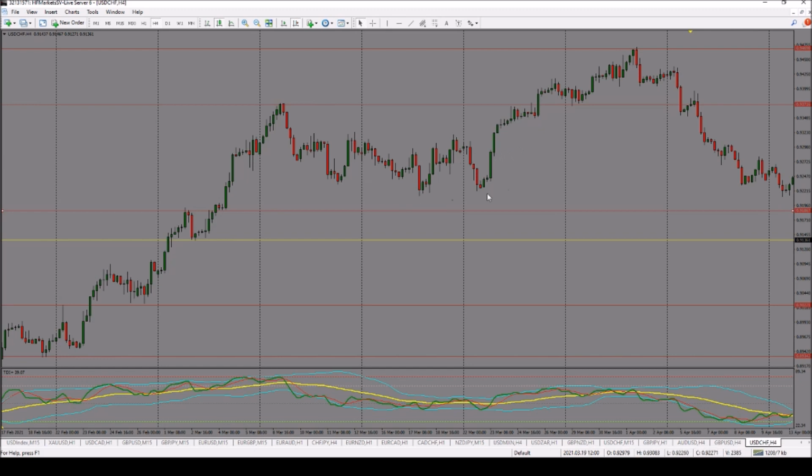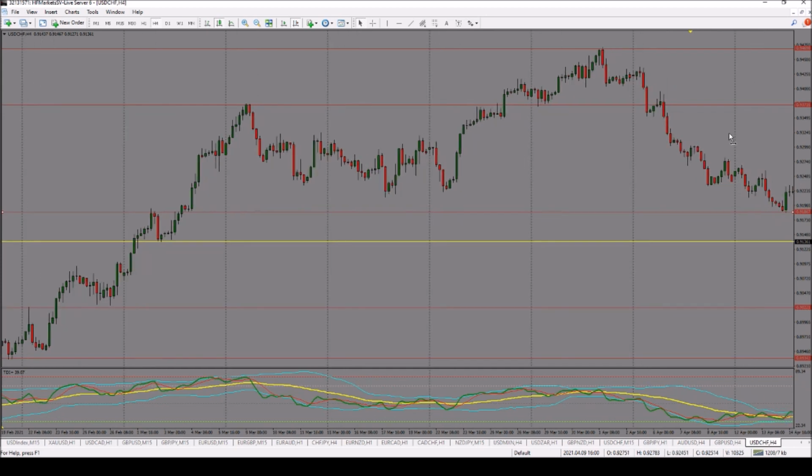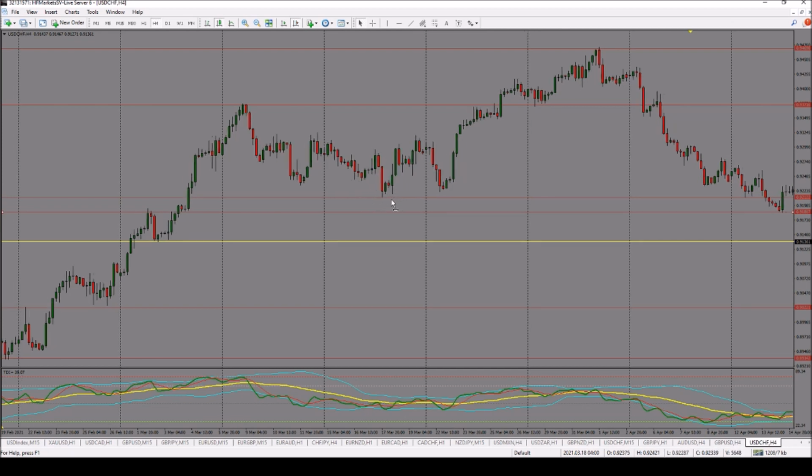So we are waiting for this low to be broken in order for us to deem the new market structure bearish, right? As you can see, we broke this structure. The lower high of the previous cycle has been broken.